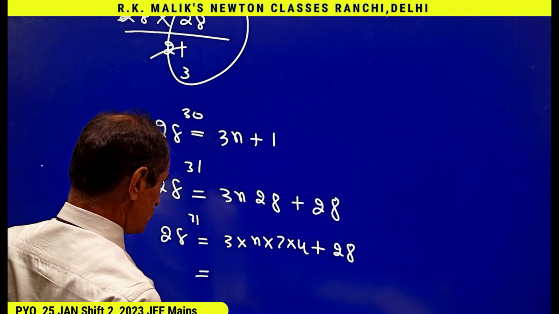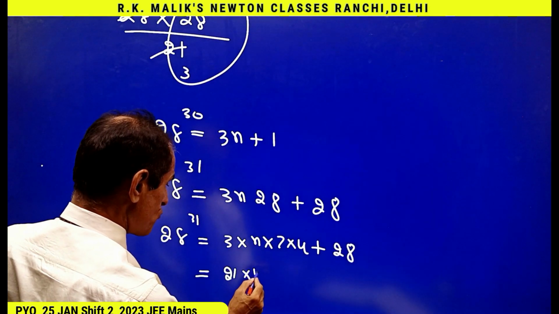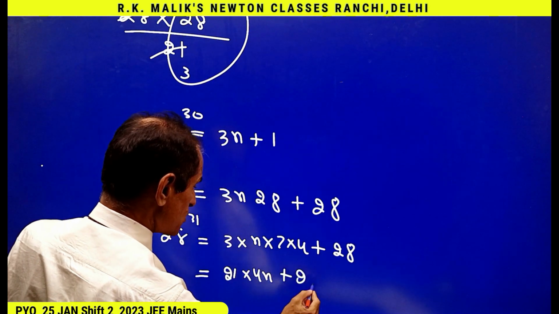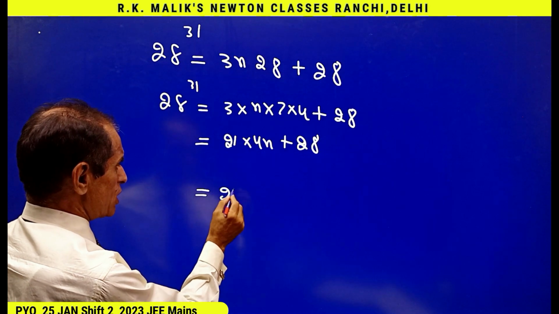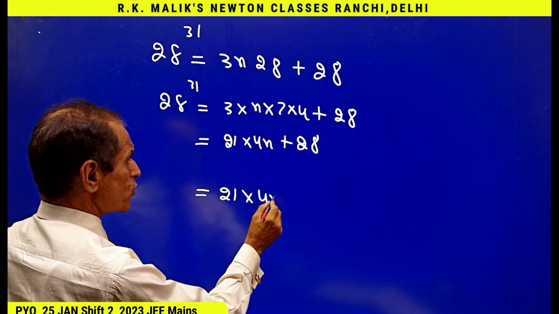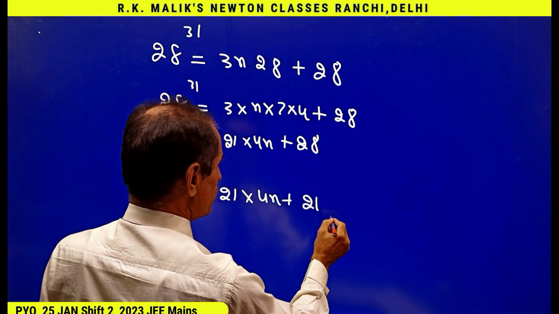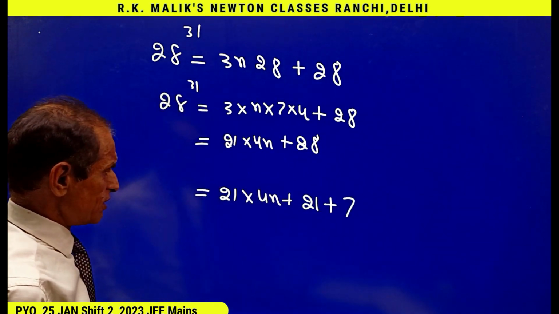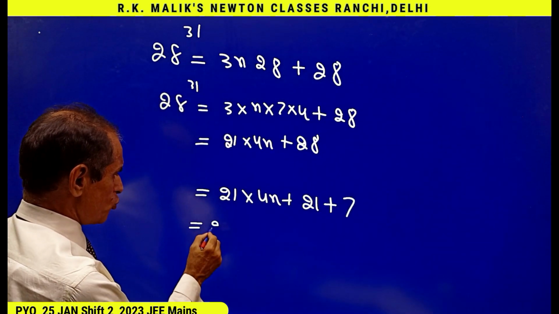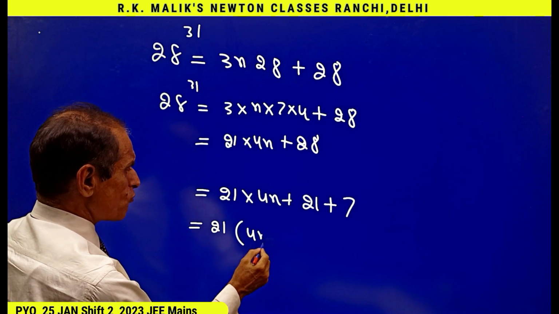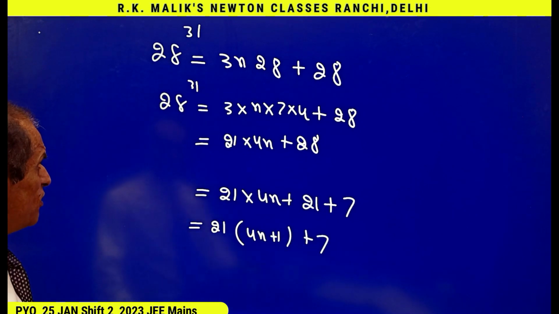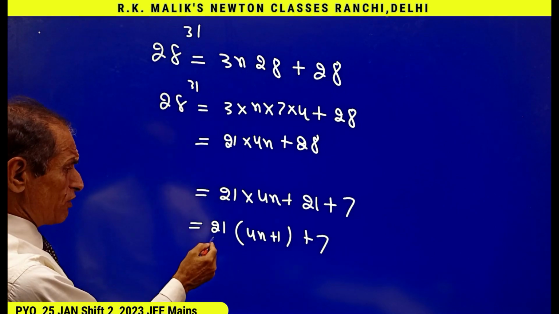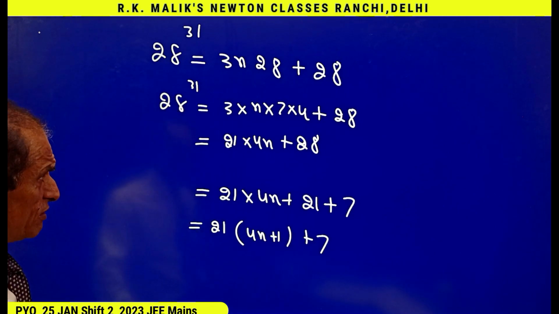This is equal to 21 into 4n plus 28, which is equal to 21 into 4n plus 21 plus 7, and that is 21 into 4n plus 1 plus 7. Hence I can say when this is divided by 21, remainder will be 7.